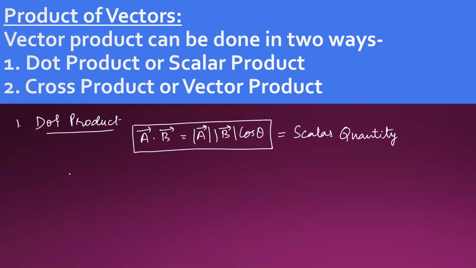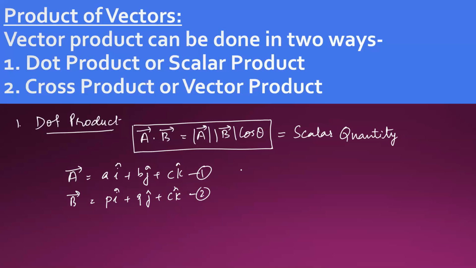So suppose I am having two vectors, A vector is equal to a i cap plus b j cap plus c k cap, and there is one more vector, B vector, equal to p i cap plus q j cap plus r k cap. To find the dot product of these two vectors, A vector dot B vector will be equal to a i cap plus b j cap plus c k cap dot p i cap plus q j cap plus r k cap.